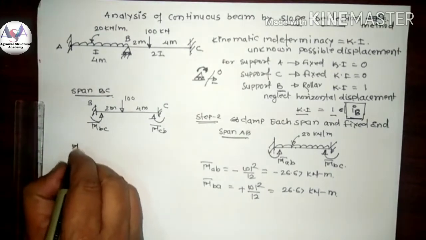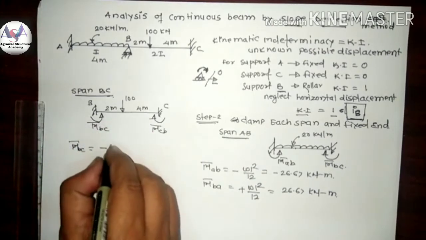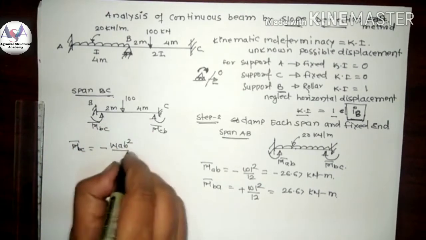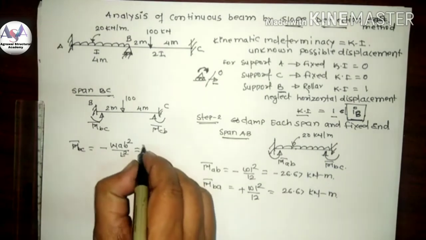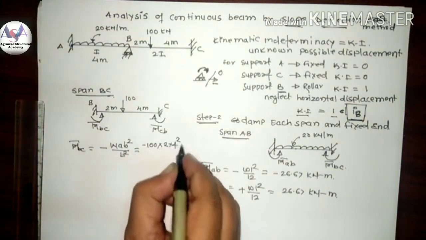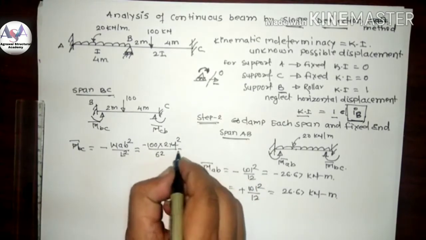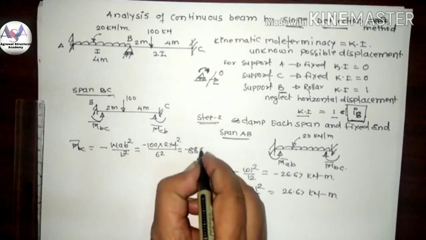Now M bar BC, we know, is anticlockwise, so minus WAB square by L square. So if you write here 100 into 2 into 4 square divided by 6 square, that is equal to minus 88.88.